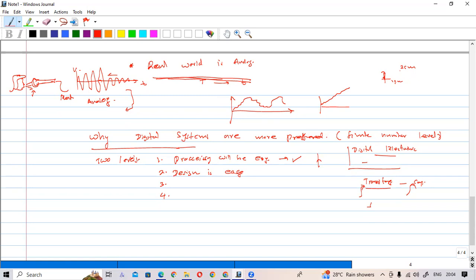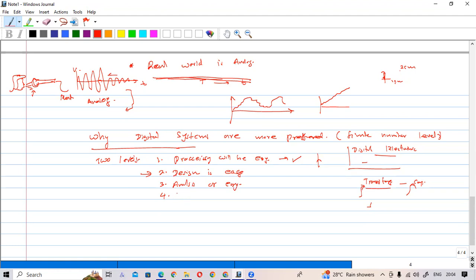But if you have only two levels, and you can construct the truth table somehow, then your design will be easy. So the second reason is that design is easy. The third reason is that analysis also is easy, and there are other reasons also.